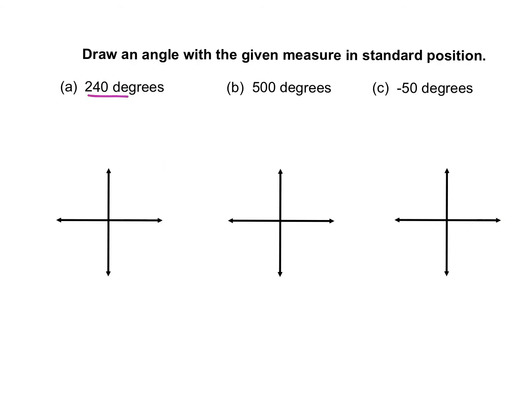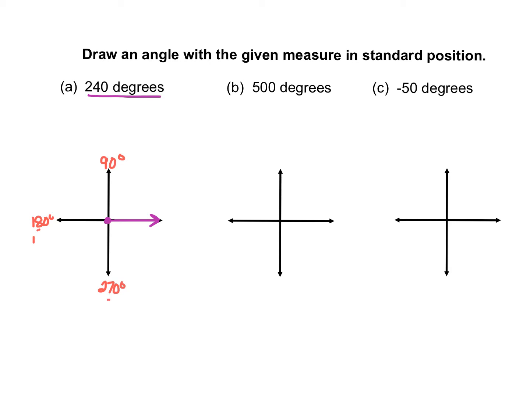This first one is 240 degrees. I'm going to start at the origin with my initial side here on the x-axis. This is going to be 90 degrees, this is going to be 180 degrees, and then 180 plus 90 gives me 270 degrees over here. So my 240 is going to be past 180, but not quite to 270.